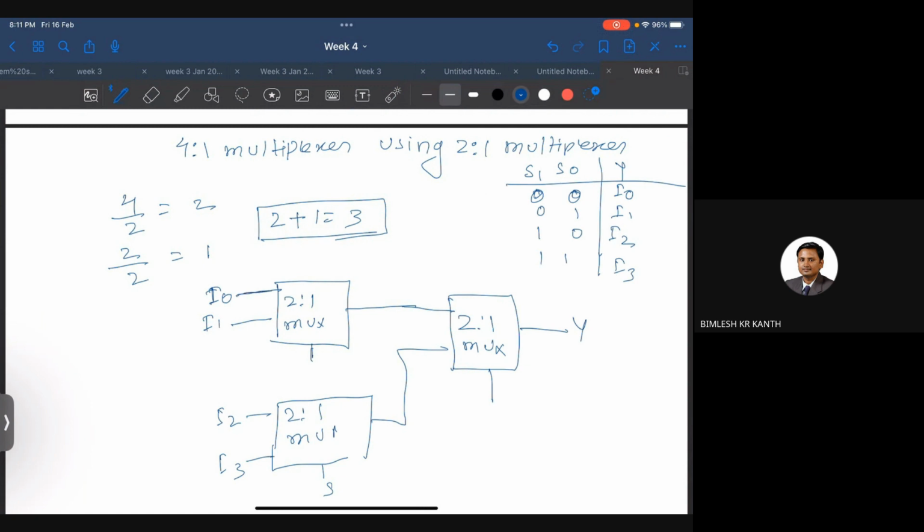First you have to select this one, so you put 0. Among them, you have to select this line, so again 0. So this will be 0 0. Now suppose you want to select I1. To select I1, this will be 1, then you have to put 0. So this will be S1 and this will be S0.